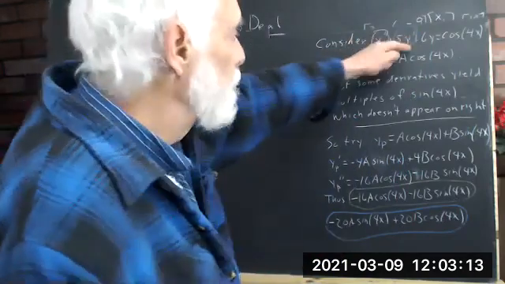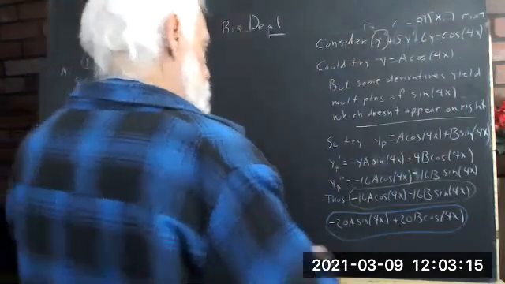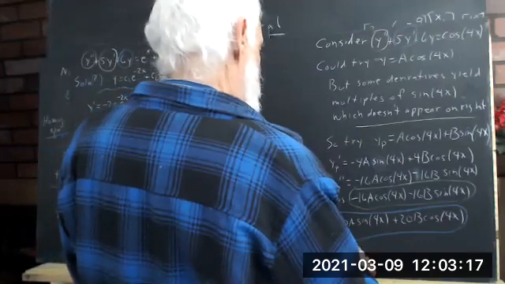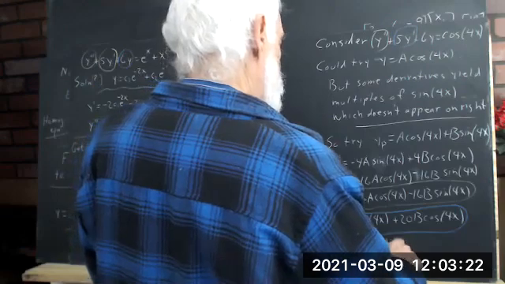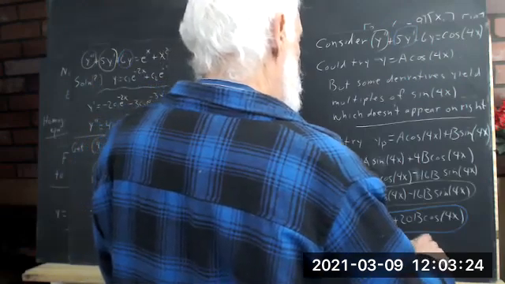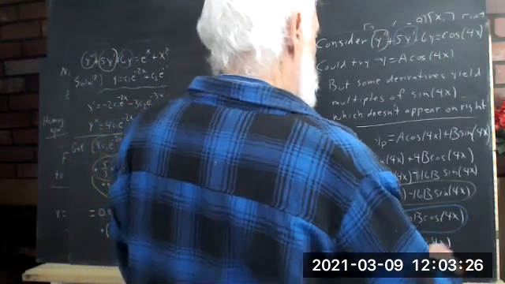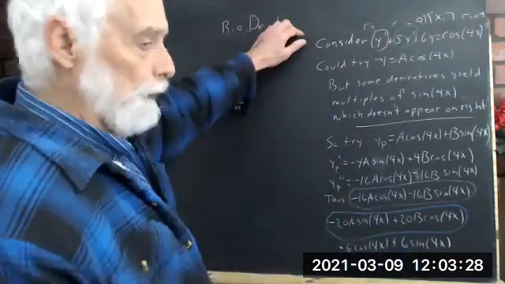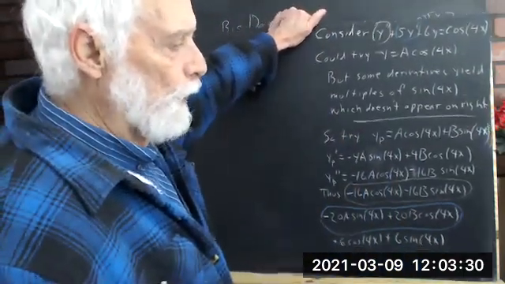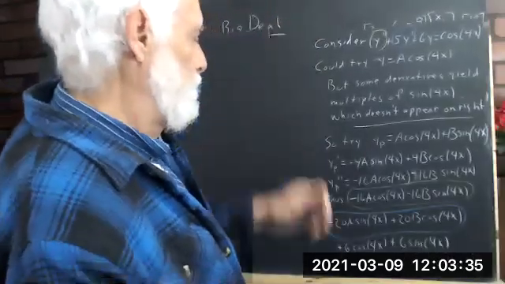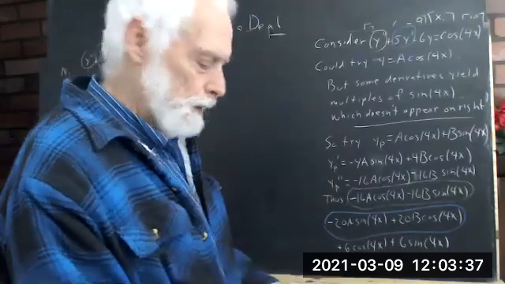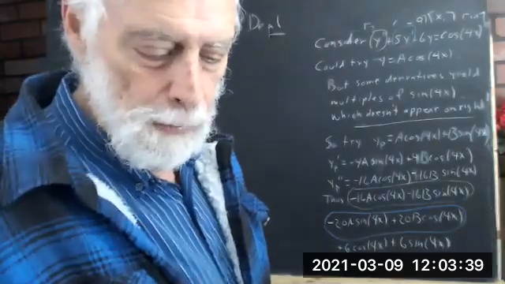And finally, 6y, and that's just going to be six cosine of 4x plus 6 sine of 4x. Now again, I don't think the watermark is going to mess things up, and there we have it. And I'll circle this.